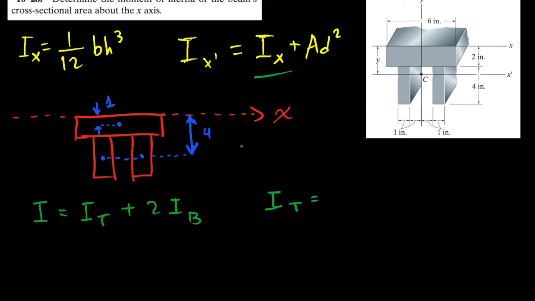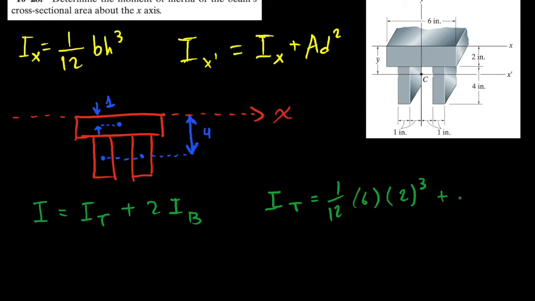What is I sub x? It is this equation here, where it assumes that we're taking it about the center of mass. So this is simply 1/12 times base, which is 6 inches, times h cubed, which is the height, that's 2 cubed, plus we have the area times d squared.